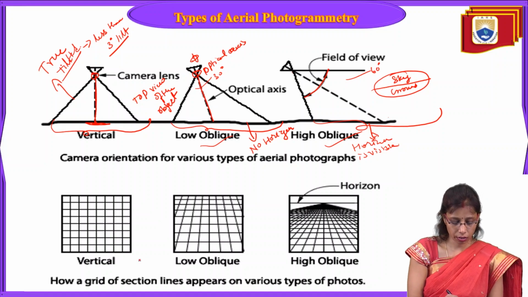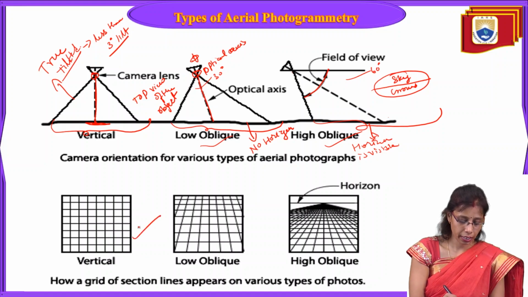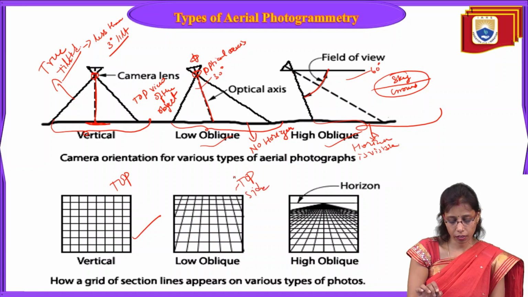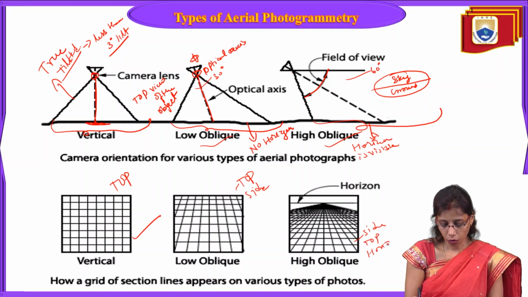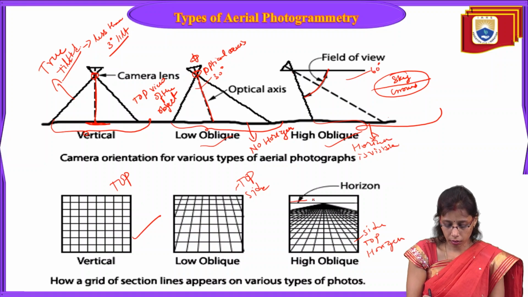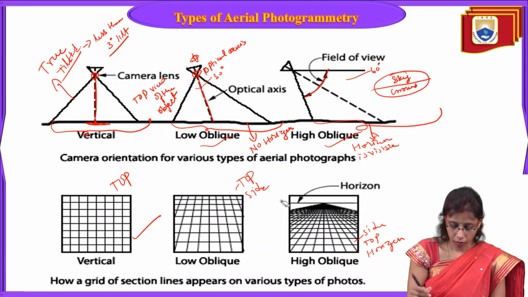Now the same thing you can see here in the grid form. Vertical means only the top we can see, and low oblique means top and side we can see, but there is no horizon, only the objects. Now in high oblique we can see side, top as well as horizon. This is the horizon line from here to here.